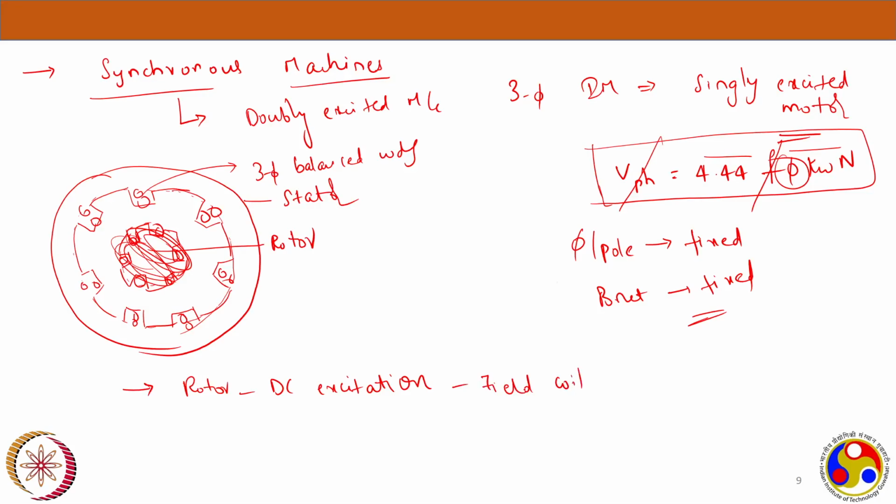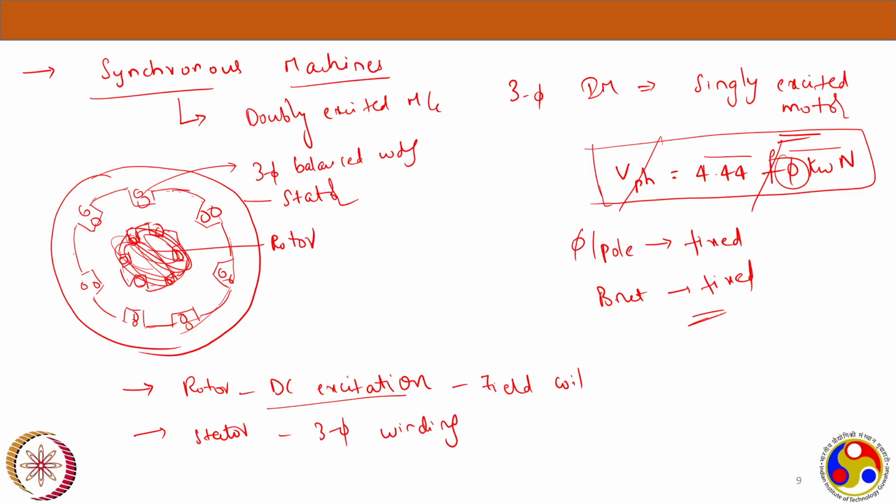Now see, it looks like this: the stator has a three-phase winding, and the rotor has a DC excitation, DC current will flow. Once we excite the rotor with DC, the DC current will flow such that it will have some lines of force.